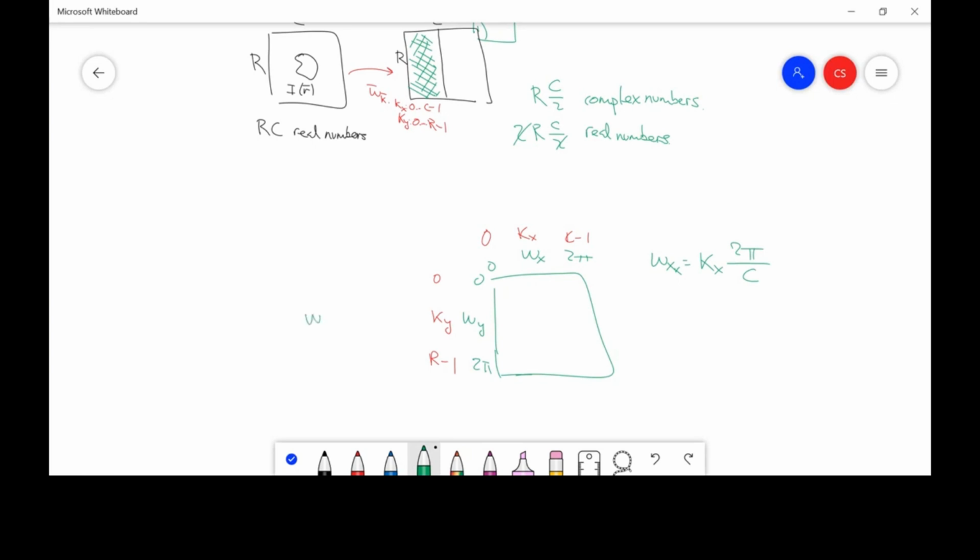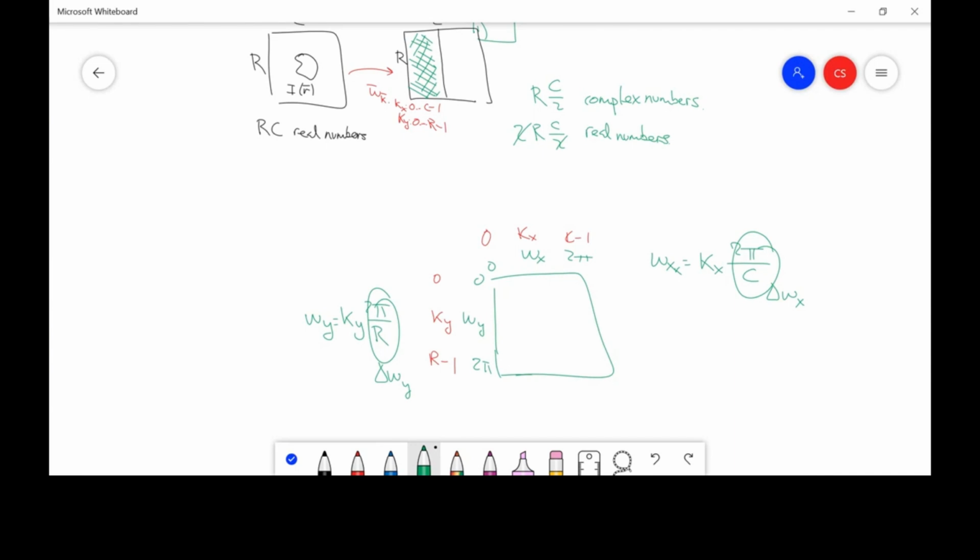Omega y is ky times 2 pi divided by R. And we call this part delta omega y. We call this part delta omega x. So you go from 0 to 2 pi in the steps of delta omega x, or from 0 to 2 pi in the steps of delta omega y. And how many steps? C steps and R steps.